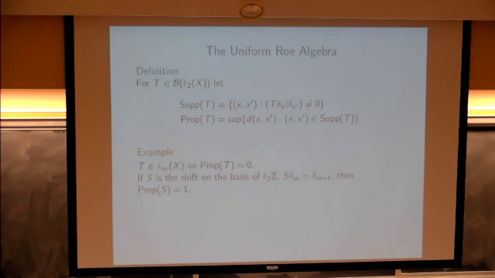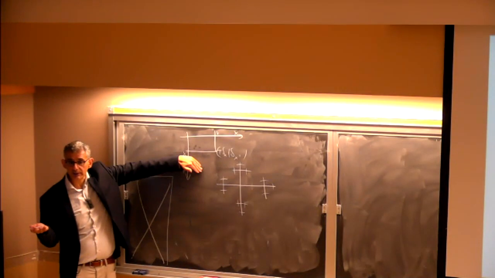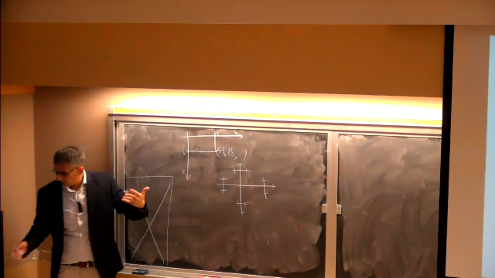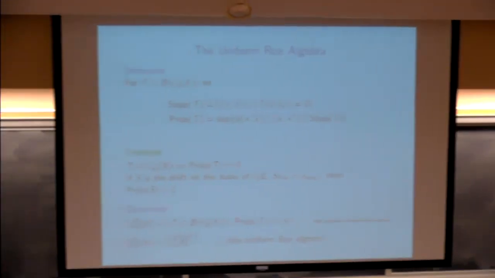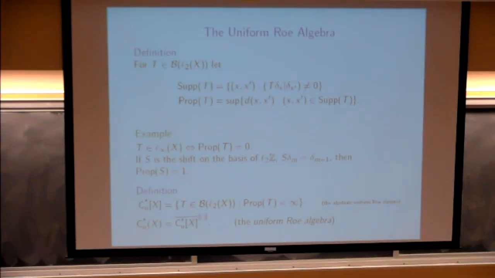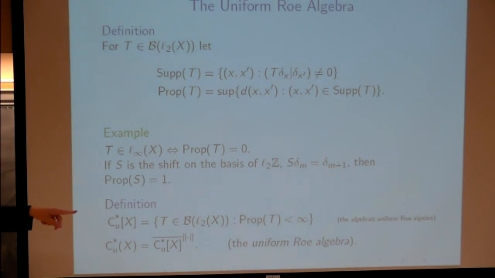Okay, and now propagation behaves reasonably well with respect to algebraic operations. If you take the adjoint, you just flip the whole thing and conjugate, so propagation is unchanged. If you add, you take the maximum of propagations. If you multiply, you add them up. So basically, you can look at the algebra of all operators with finite propagation. It is a self-adjoint algebra of operators, and its name is in this tiny font because I think it's a very silly name.